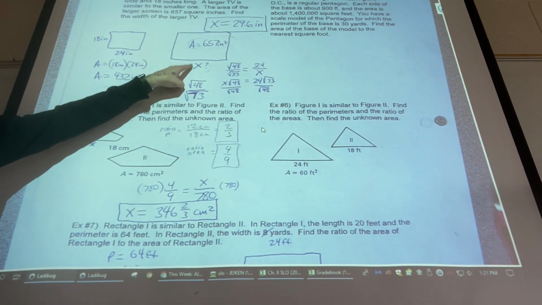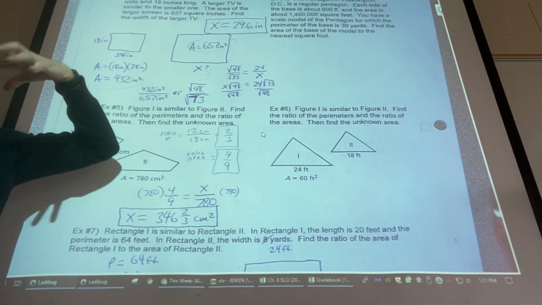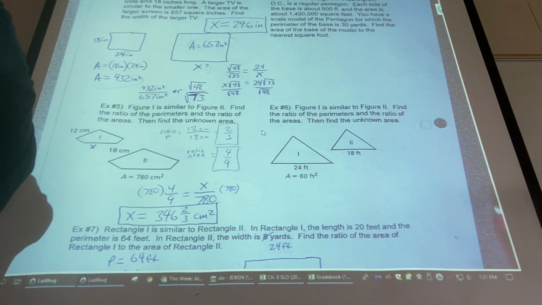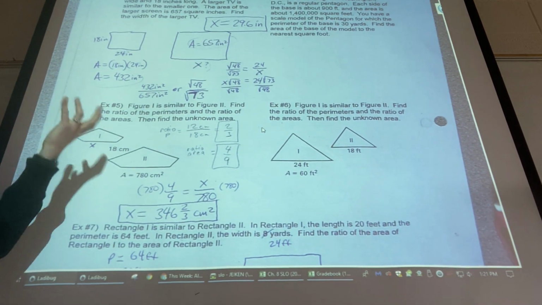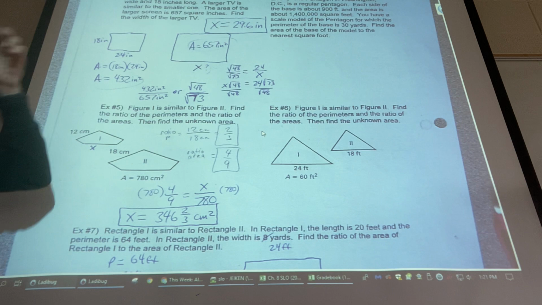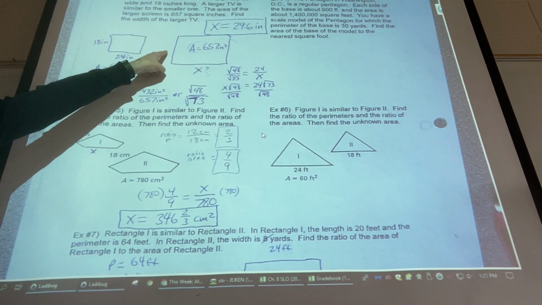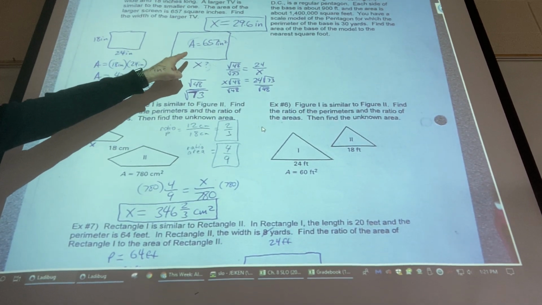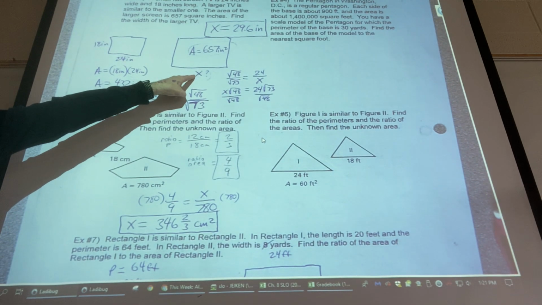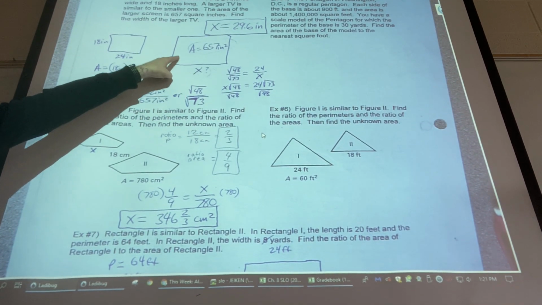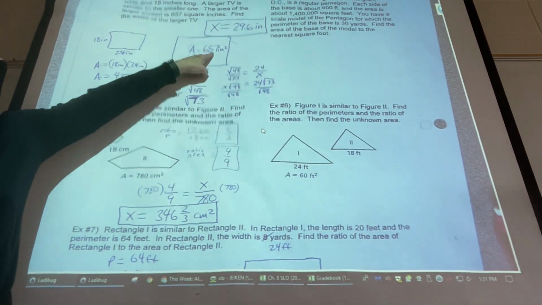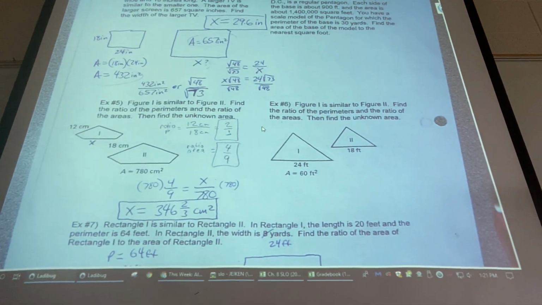This would be 24x, because it's either bigger or smaller, right? Well, we actually know it's bigger. Then what I did was I took 18x and multiplied it by 24x. And then I set it equal to the area. And I solved it.